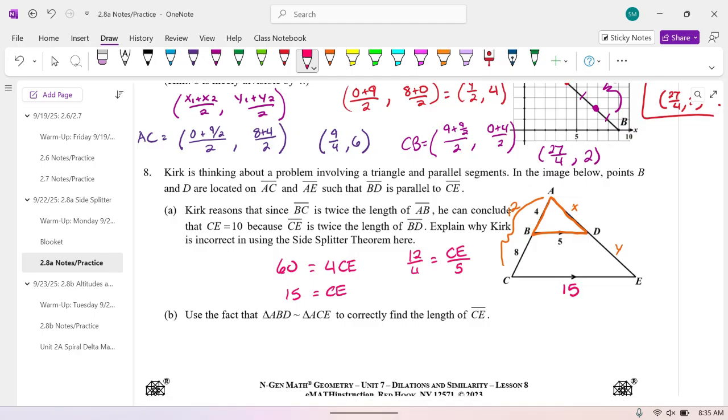And does that have the same relationship between 5 as it does 12 and 4? So in other words, if I multiply by 3 to 5, do I get 15? Yes. So this was one where we could not use side splitter because not enough info.